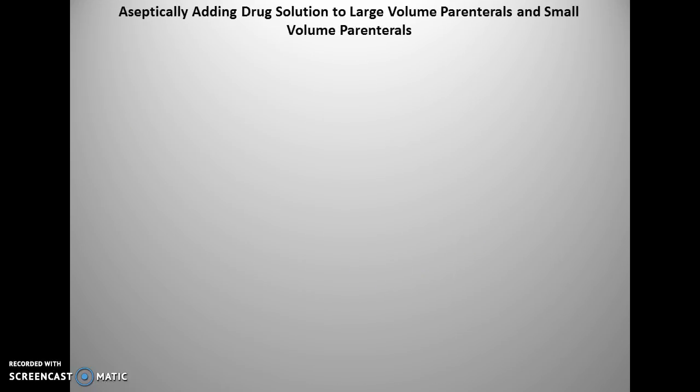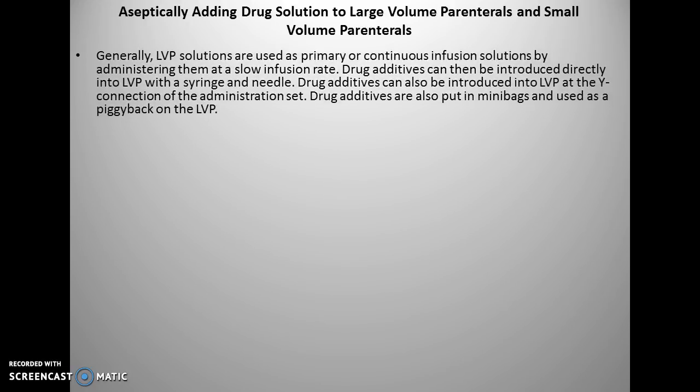So there are certain techniques that are necessary when aseptically adding a drug solution to a large parenteral or even a small parenteral vial. They include, generally, LVP solutions are used as a primary or continuous infusion solution by administering them at a slow infusion rate. Drug additives can then be introduced directly into the LVP with a syringe and needle.